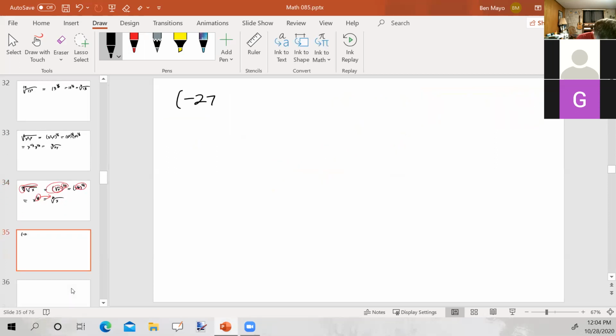Negative 27 x cubed to the 1/3 power. It says, simplify each expression. All variables represent positive real numbers. So this becomes negative 27 to the 1/3, x cubed to the 1/3. What's the cube root of negative 27?